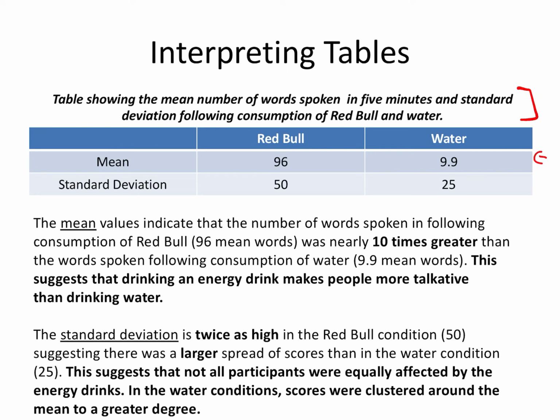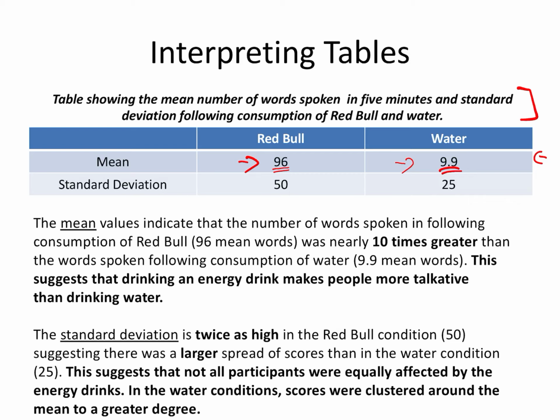So we can see that the mean number of words spoken 5 minutes after drinking Red Bull is 96, and that the mean number of words spoken after drinking water is 9.9. Already I can see that the number of mean words spoken in the Red Bull group is much, much higher than the number of words spoken in the water group. But how much?